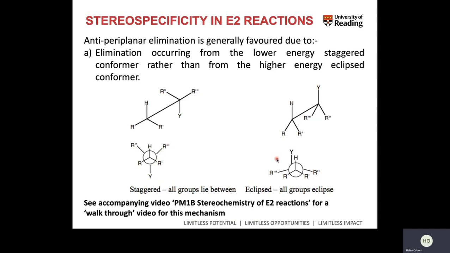We're saying this because when we do our elimination, we are going to do it from this anti-periplanar setup, because when these are staggered relative to each other, we've got a much more stable form. We don't get so many steric or electronic interactions as we would with the eclipsed. So the anti-periplanar elimination is favoured.